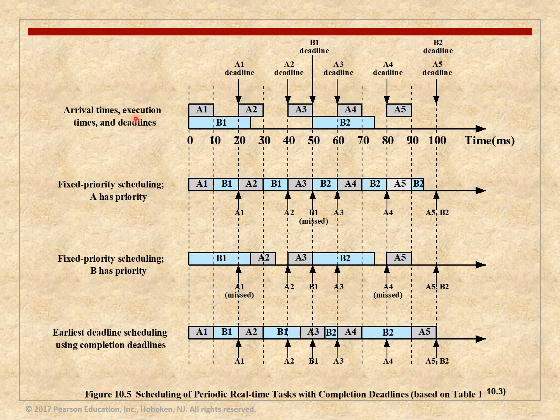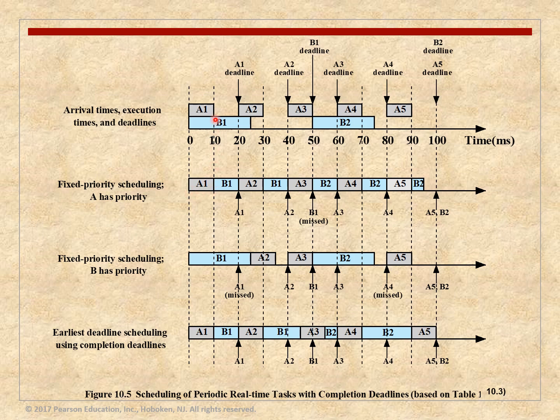So this is only translating the information from the table into the graph. Using fixed priority scheduling, where A has priority, we just look at A1. A1 has priority, so A executes until 10.